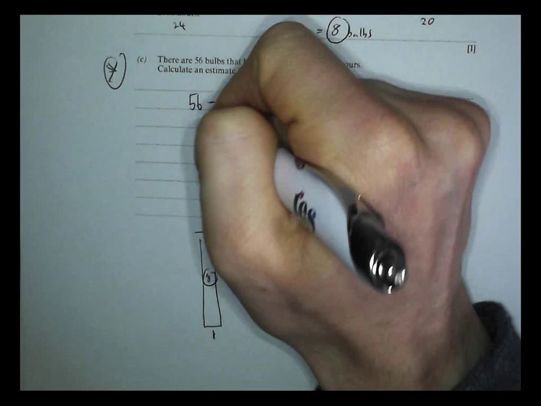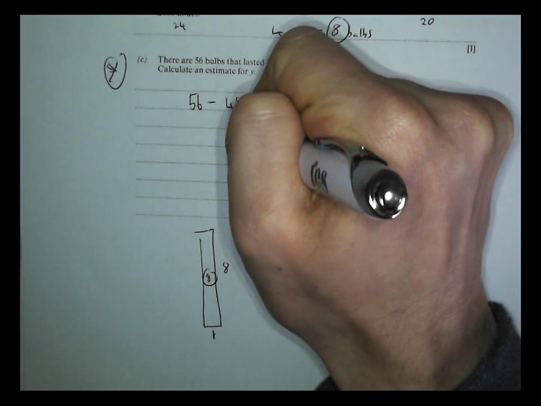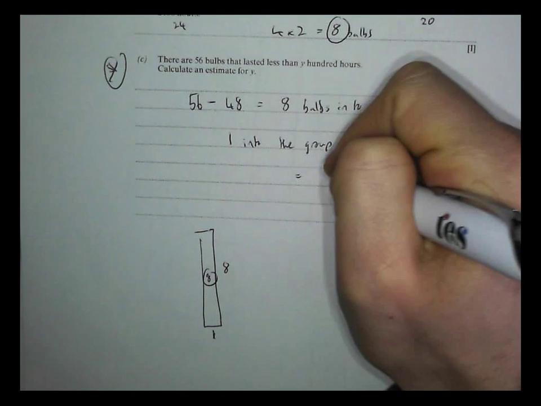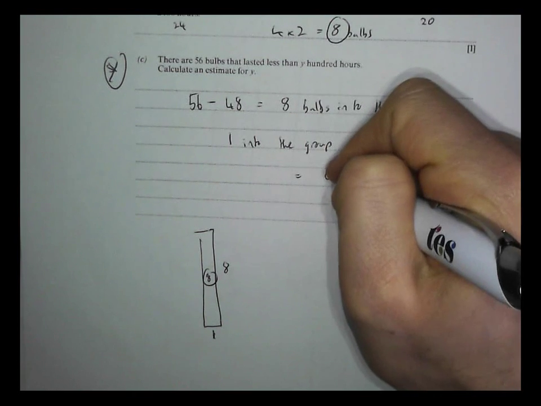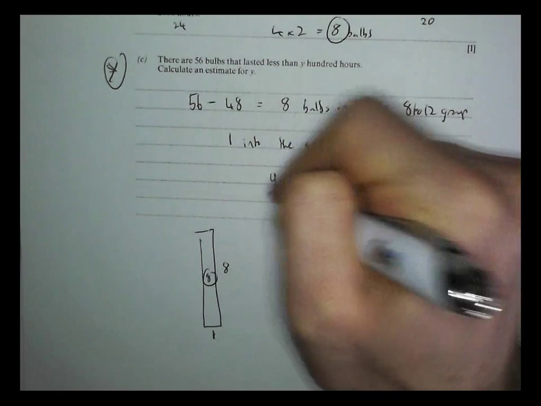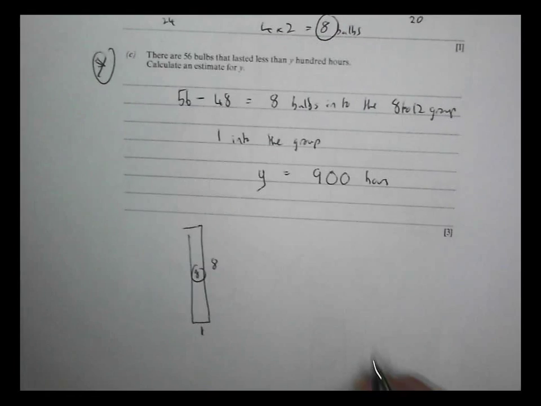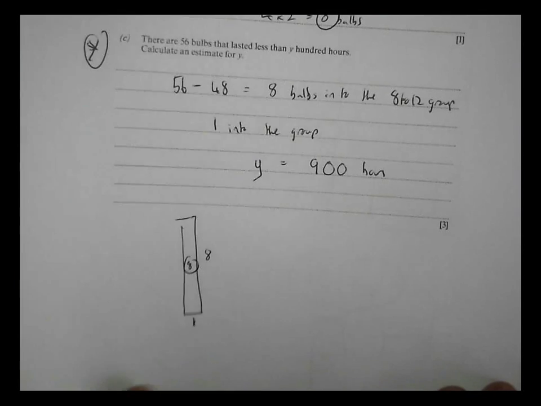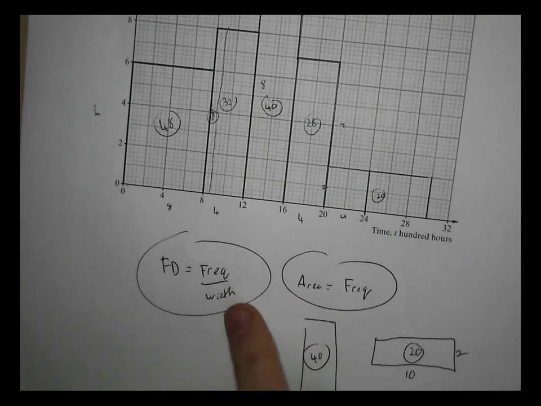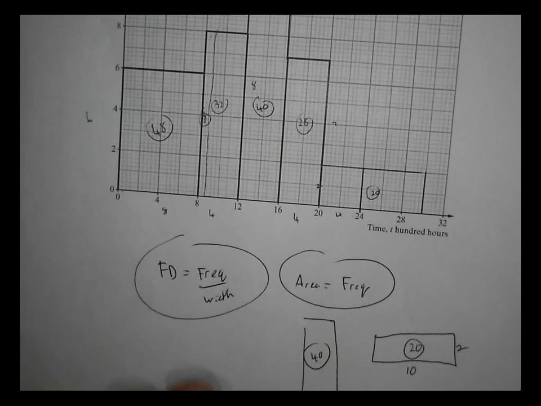So we need to go 1 into the group, so that's going to equal, instead of having 800 hours, 900 hours. Now that is just using histograms, using the 2 facts that we wrote down there about area, but using it in a really applied, challenging context.